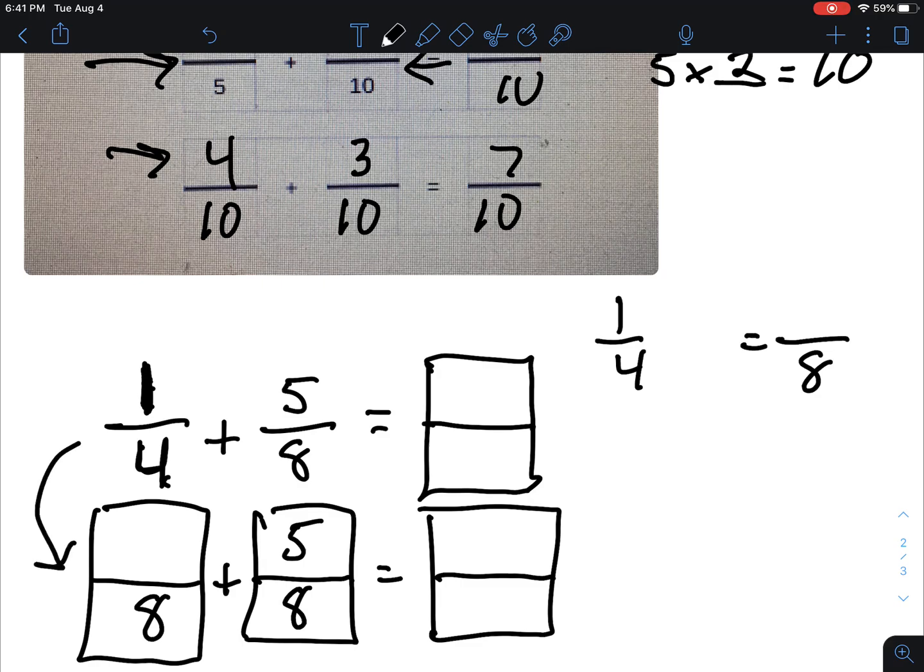What's my equivalent fraction going to be when I change my denominator? So again, it's 4 times what gave me 8? It's 2. So whatever I multiply the denominator by, that's what I multiply the numerator by. So there's my new fraction. 2/8 is equivalent to 1/4. And now I can add those together, and I get 7/8.